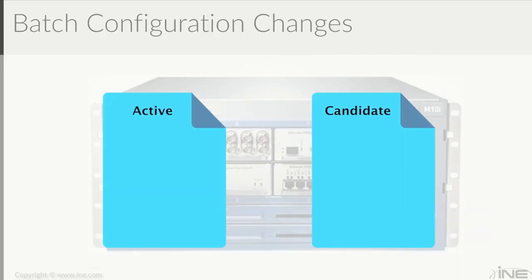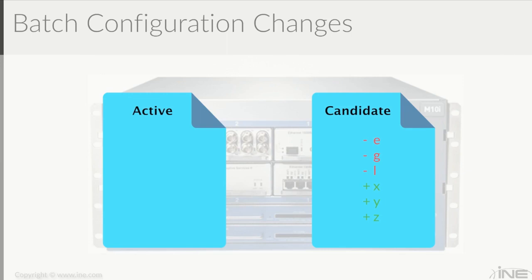Just to make sure that I reinforce the concept of batch commit or batch configuration changes, I'm putting this other graphic here which focuses more on active and candidate configuration. So let's say in the candidate configuration, remember, which is a draft, you remove E, G, and L, just thinking that those letters mean actual changes in the configuration. Now you add X, Y, and Z. This is in the candidate configuration. It is not active.